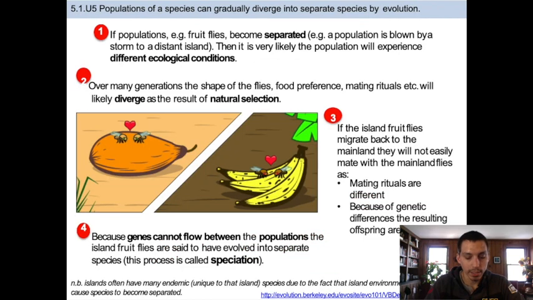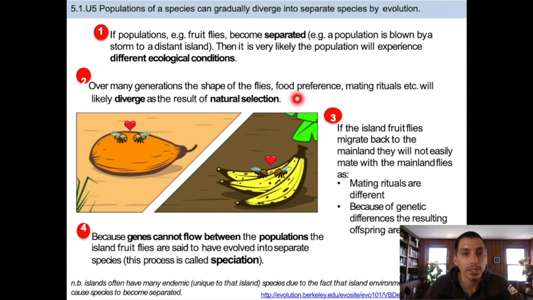Populations of species can gradually diverge into separate species by evolution. So that's how evolution functions. A population of one species over time gradually diverges. So for instance, if I have a population of fruit flies that becomes separated because of a storm, then it's very likely that those two different populations will experience two different ecological conditions.